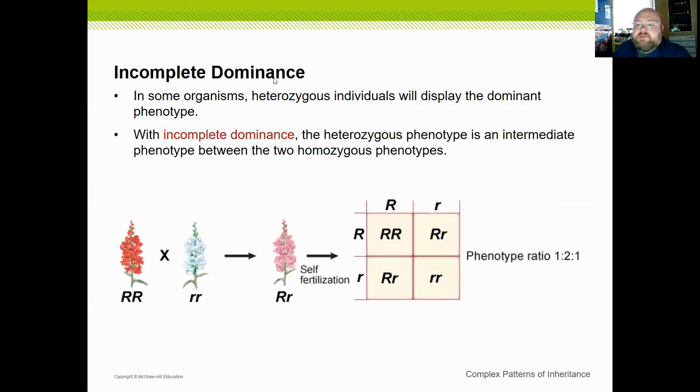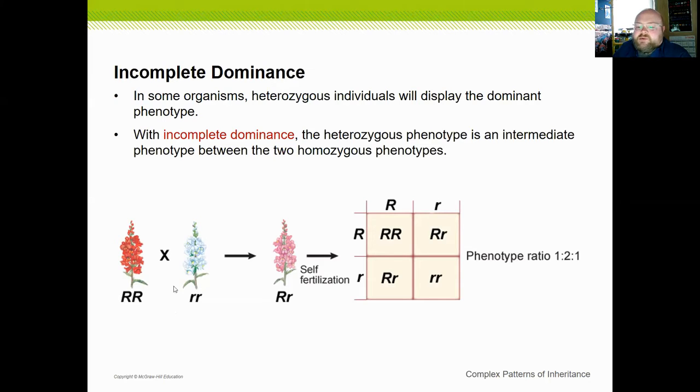Now we have something called incomplete dominance. Sometimes in some organisms, heterozygous individuals will display the dominant phenotype. Now with incomplete dominance, the heterozygous phenotype is an intermediate between two homozygous phenotypes. This example here shows red is crossed with white.